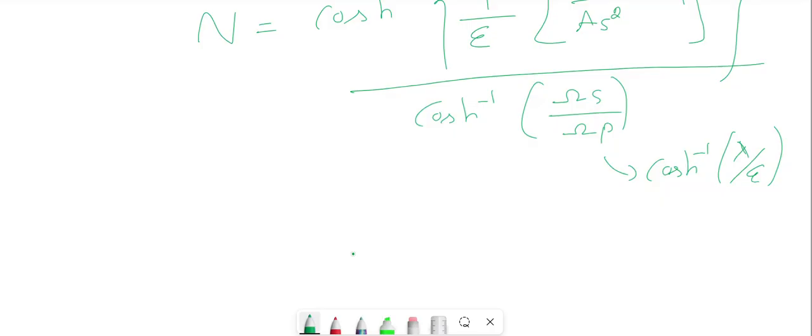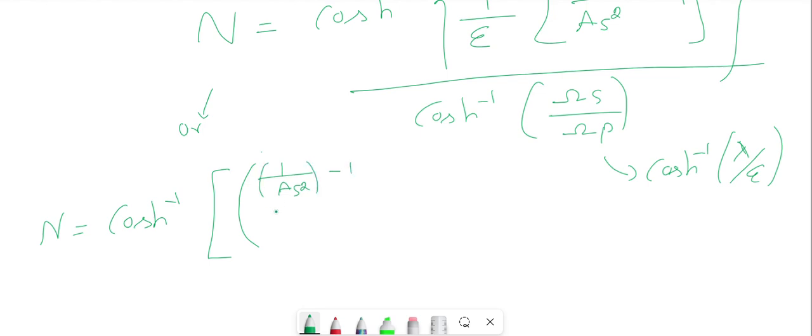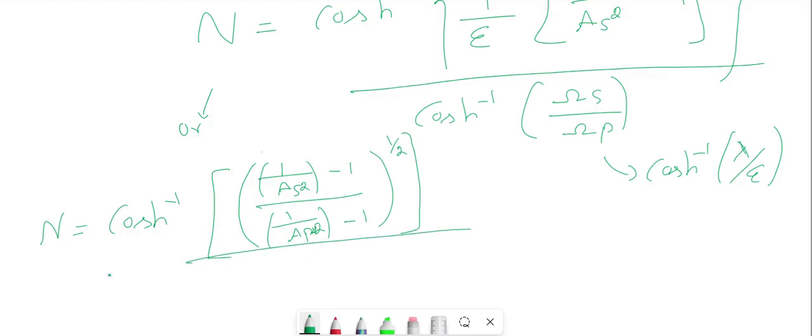So hyperbolic function, or you can write n is equal to cosh inverse of square root of (1/A squared minus 1) divided by (1/Ap squared minus 1) to the power half, divided by cosh inverse of omega s by omega p.